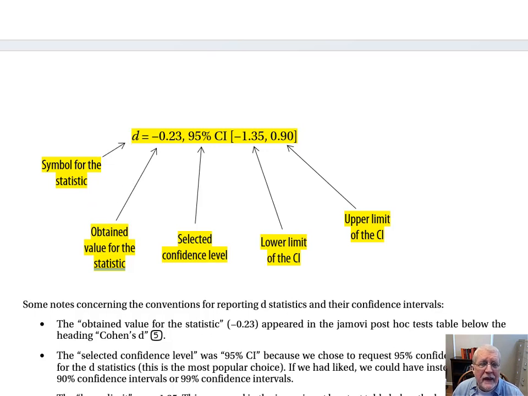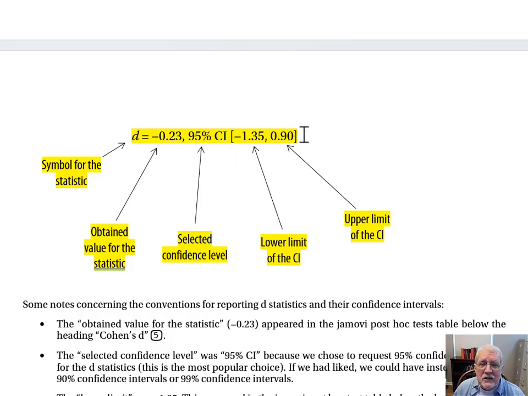I'm about to report a D statistic. Then you provide the attained value for the statistic, which in this case was negative 0.23. I'm going to provide the confidence interval, but I have to tell the reader what my confidence interval is. I've decided to report 95% confidence intervals. And then I provide the lower limit and the upper limit of the confidence interval.